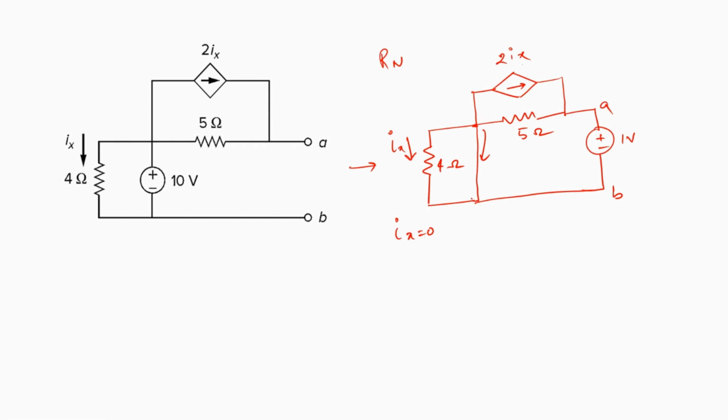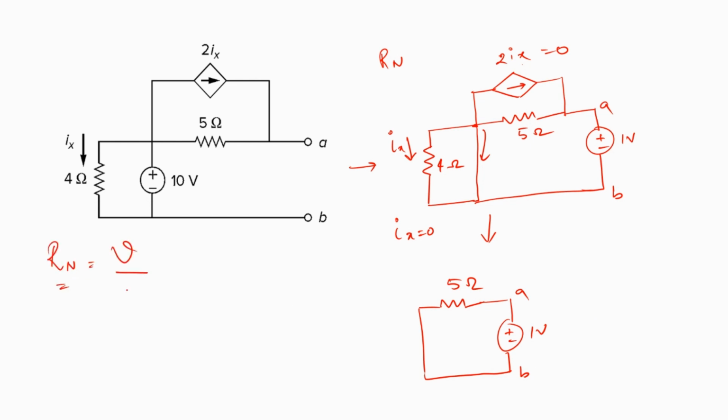So therefore, the circuit merely boils down to something like a 5 ohms with 1 volt, the test source that is connected in this manner. Now, my objective was to obtain Rn. I know the value of V. If I'm able to compute the value of I, I will be able to find out Rn as V by I. So here, what is the value of I?